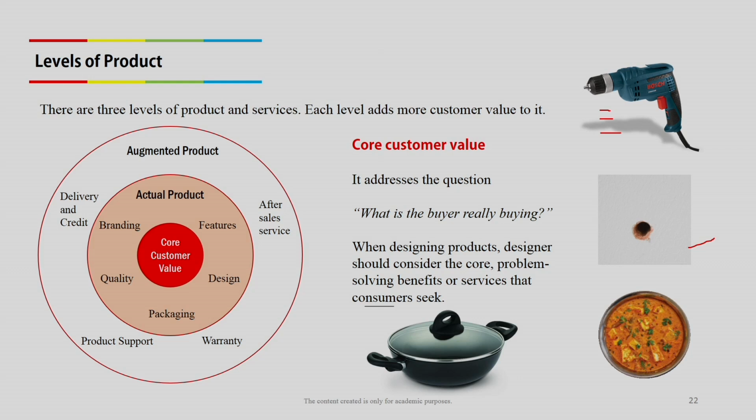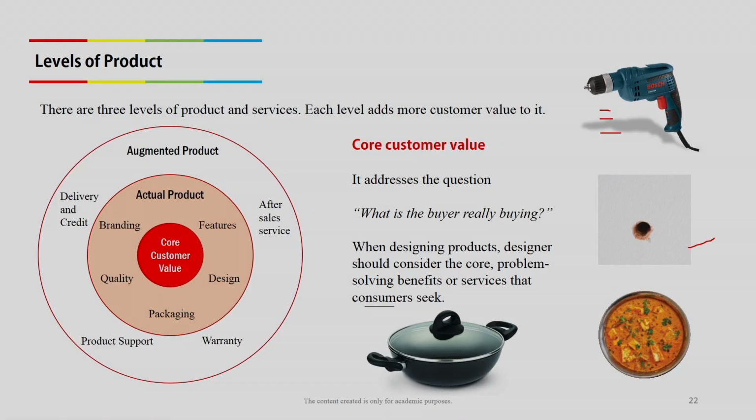We will also see in the third level, augmented product level, product support. Product support is different from after sales service. In the product support, for example, you are buying a product, the representative of the company will come to your house or any premises and they will help you how to use this kind of product, and if any kind of problem occurs, then how to handle all those issues.